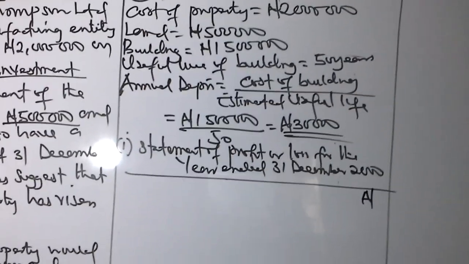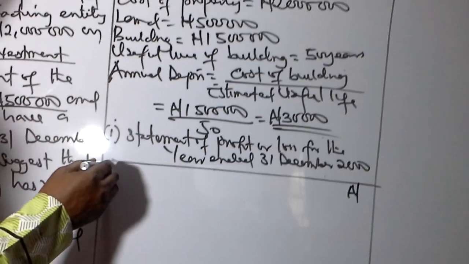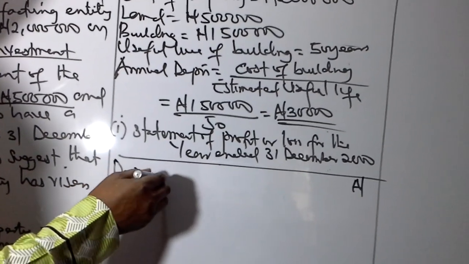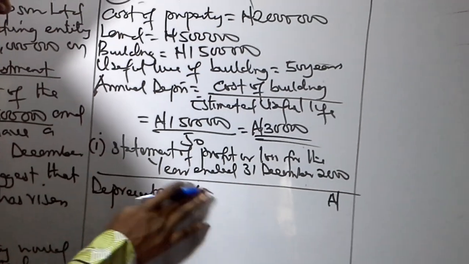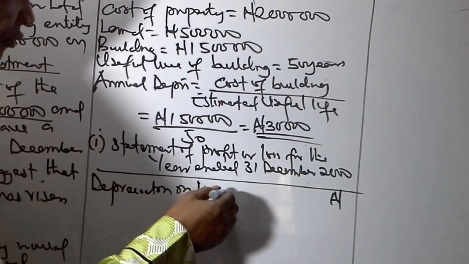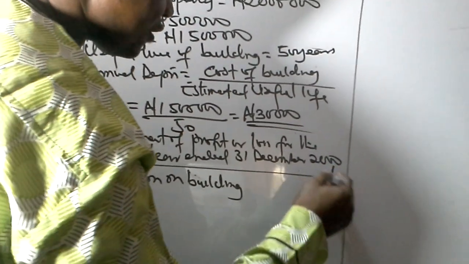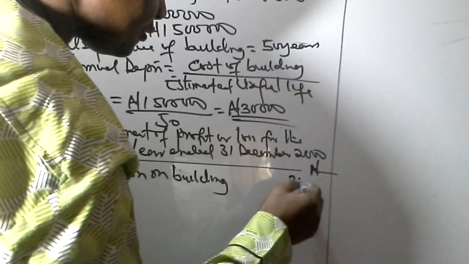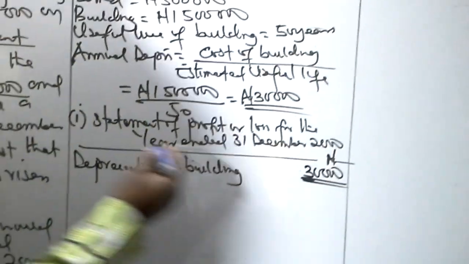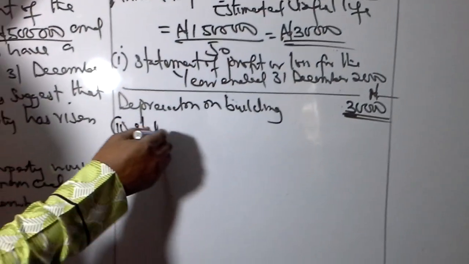The only thing is your annual depreciation. So depreciation on building, how much is that? 30,000 under the cost model.